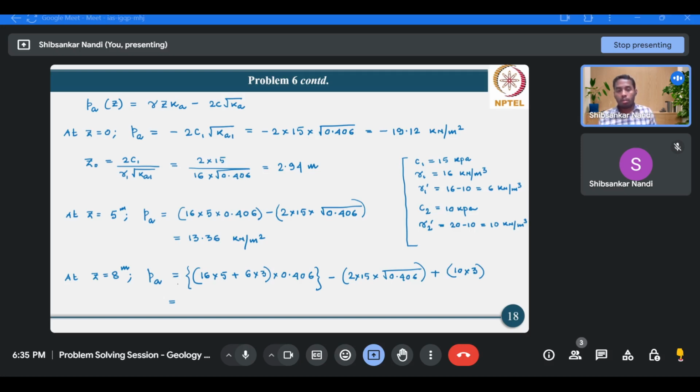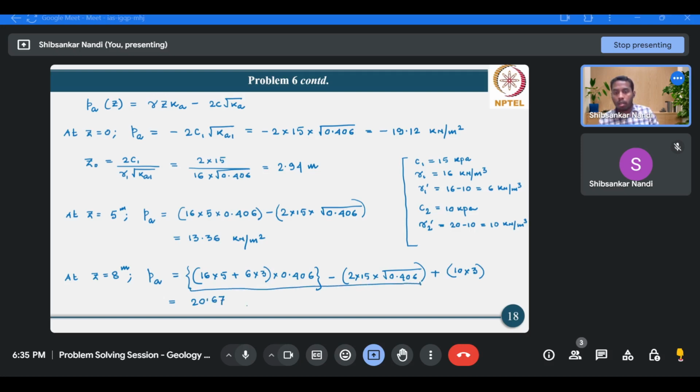Okay, so 16 into 5 plus 6 into 3 multiplied by 0.406 minus 19.12 plus 30. So it's 20.67.